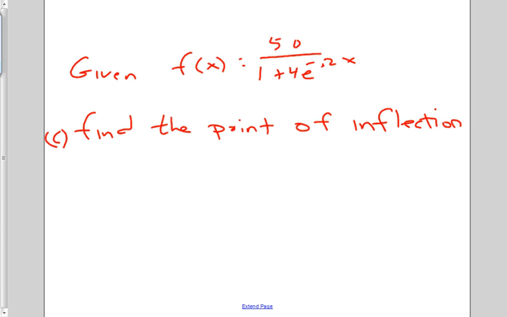What about the point of inflection? Well, okay, this is a slightly harder problem, but let's see what we can do.